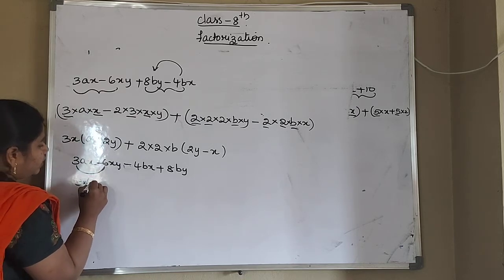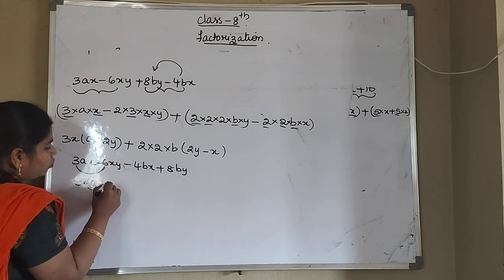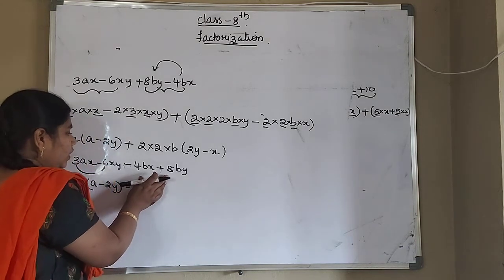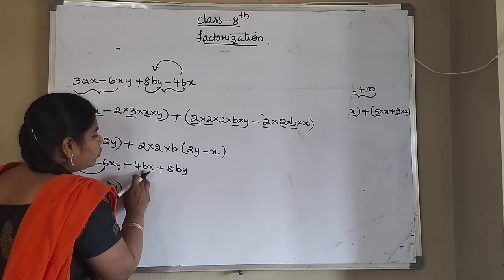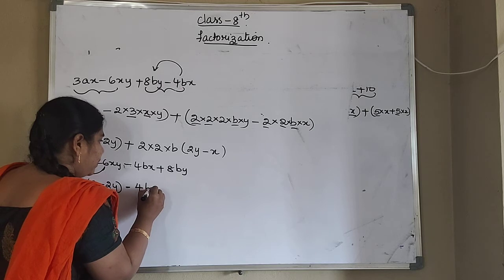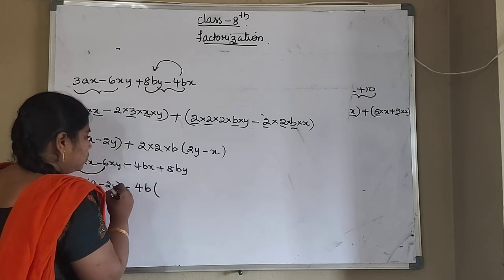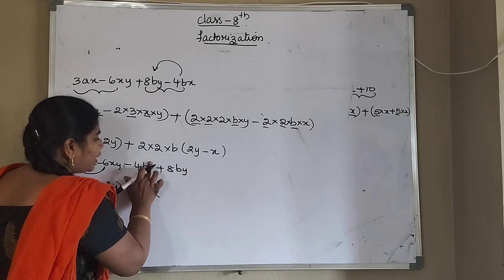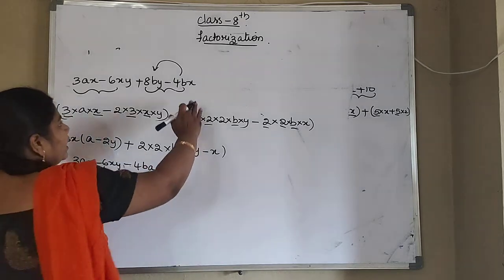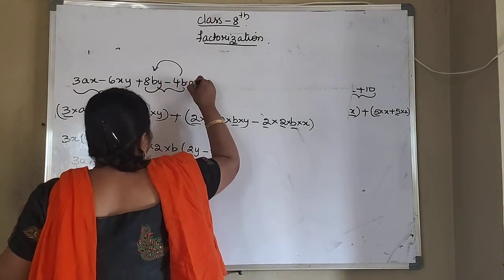And what are the remaining terms? a minus 2y. Here in these 2, which is common? 4 is common. 4 and 8 will go in 4 table. So 4 is common and also b is common here. So actually this is not x, it should be a. Okay, so it should be a here, not x.